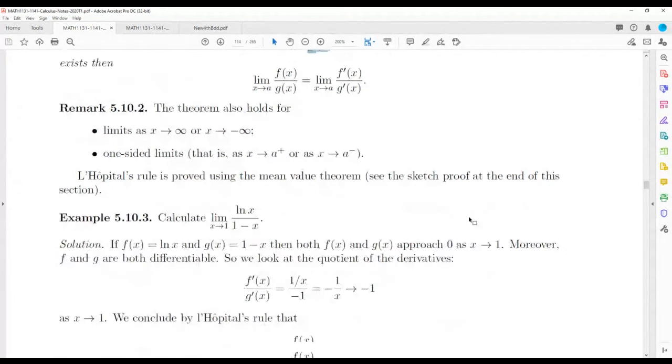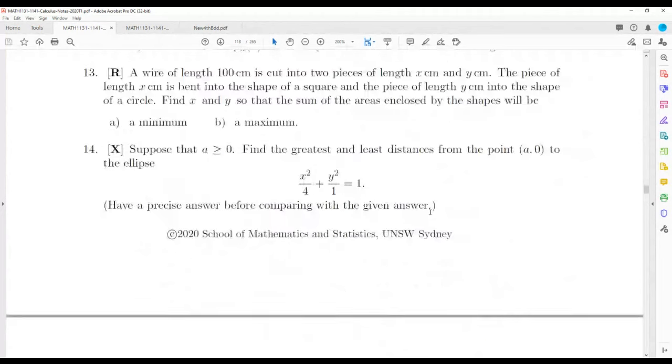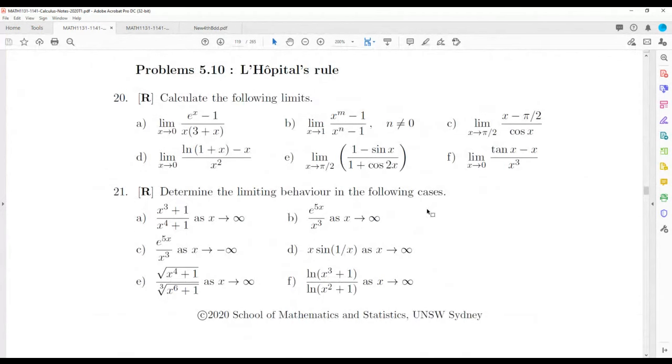So let me go through to the questions. I've done a lot of these already in the previous tutorials this week, so I'm just going to start at number 20 in chapter 5, and we can work through it.